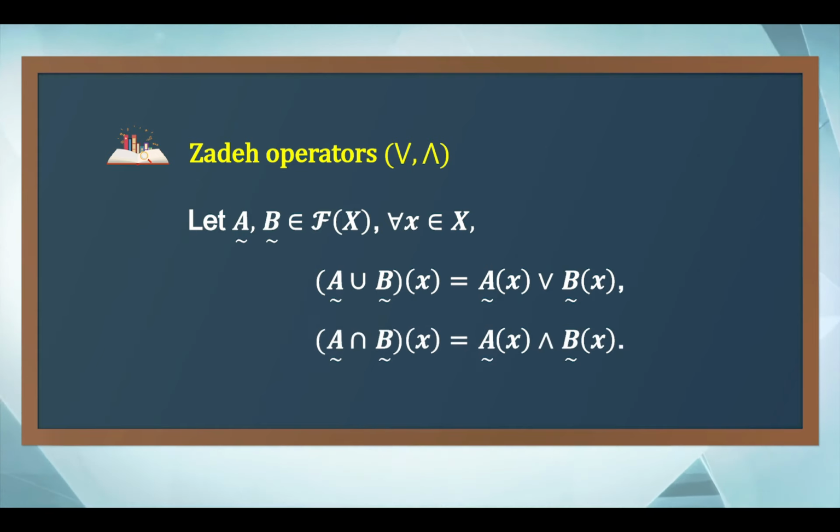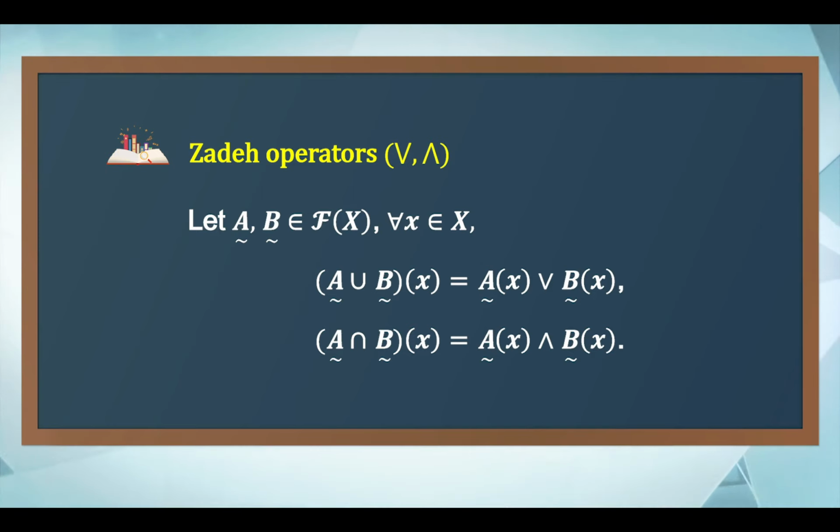Here, the degree of membership of x in the intersection of A and B is determined by the smaller one of the two degrees of membership. That is, the larger one will have no reflection on the result, no matter how large it is.